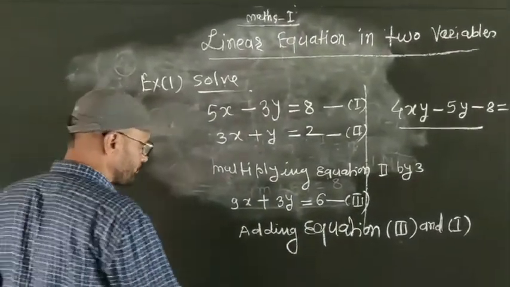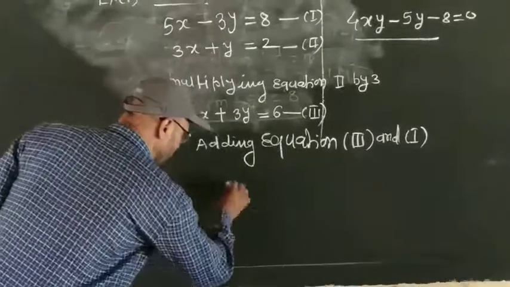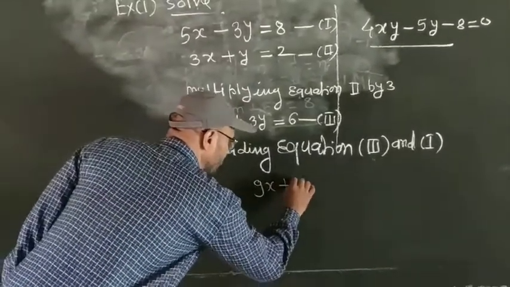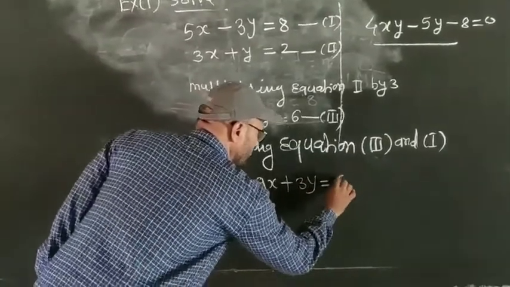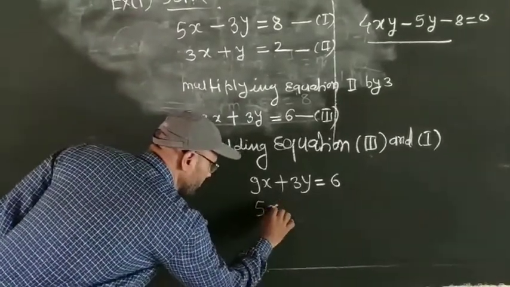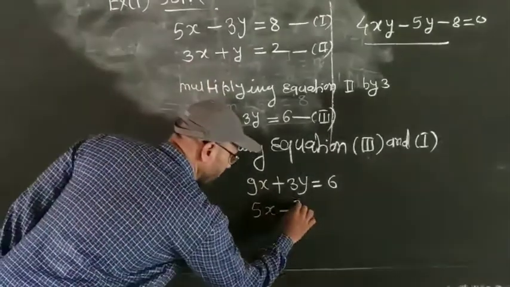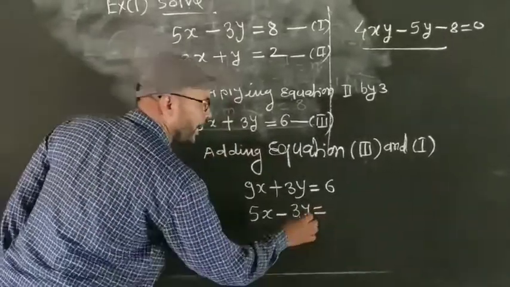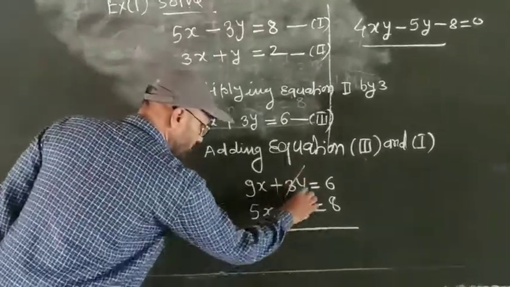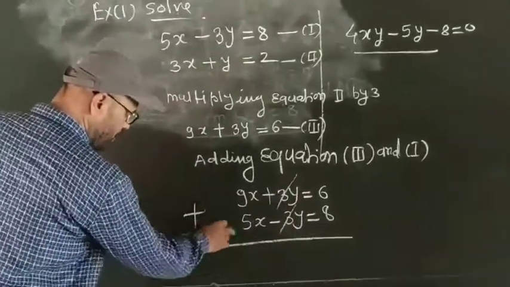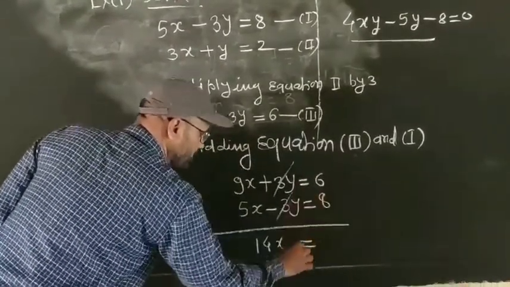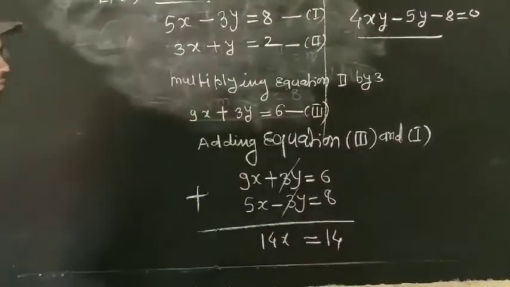Write down what our equation 3 is: 9x + 3y = 6, and equation 1 is 5x - 3y = 8. Adding, these two terms cancel. 9x plus 5x is 14x, equal to 8 plus 6, which is 14.